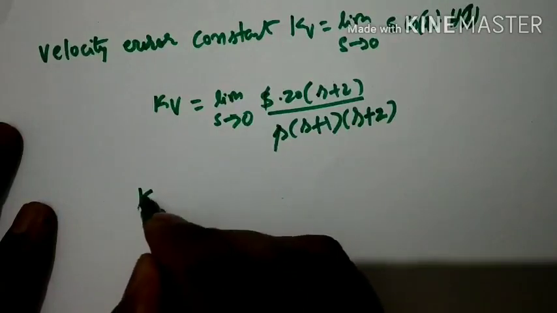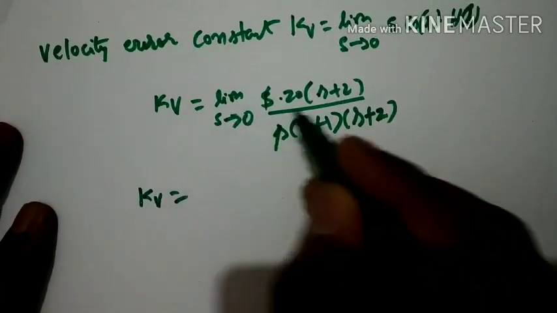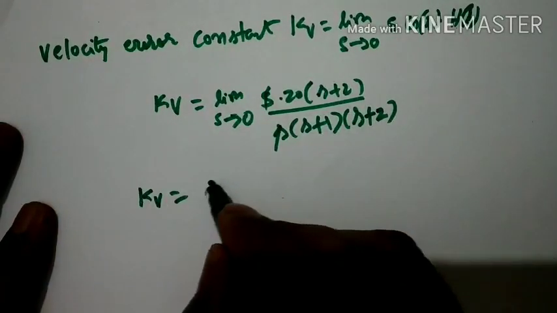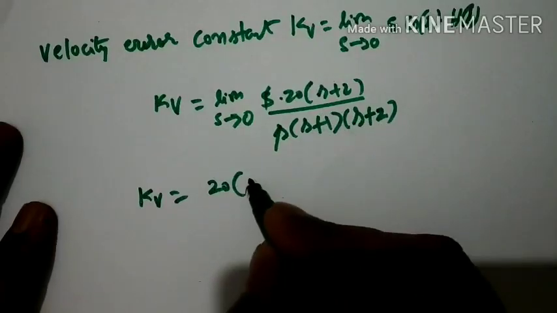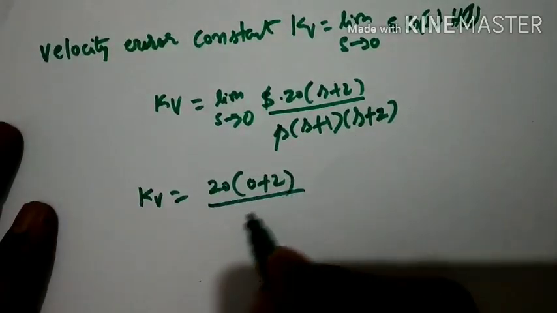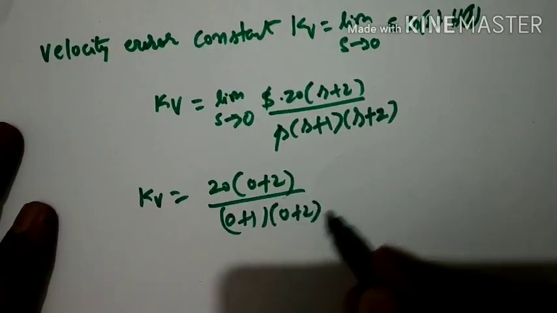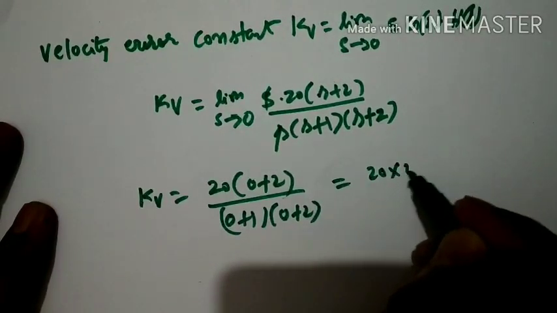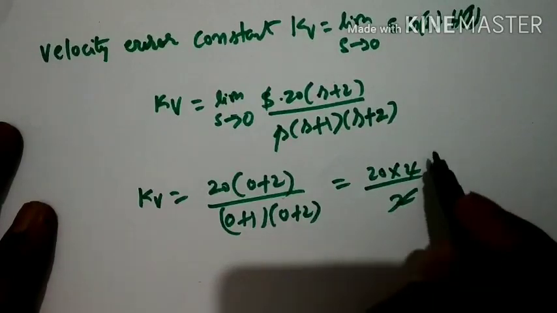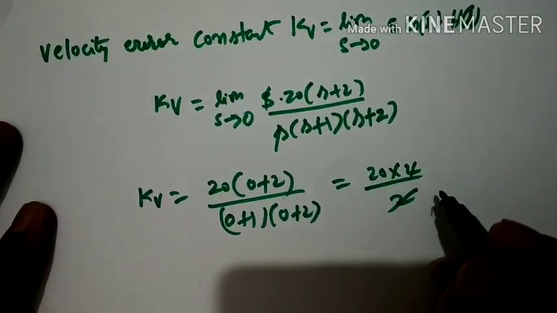After that you substitute s tends to 0: 20 into (0 plus 2) by (0 plus 1) into (0 plus 2).